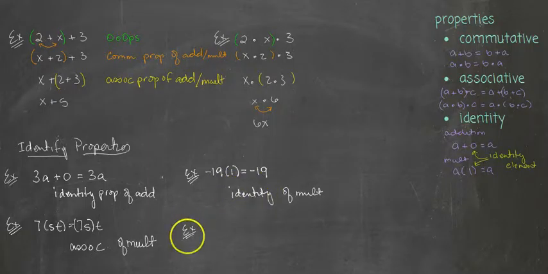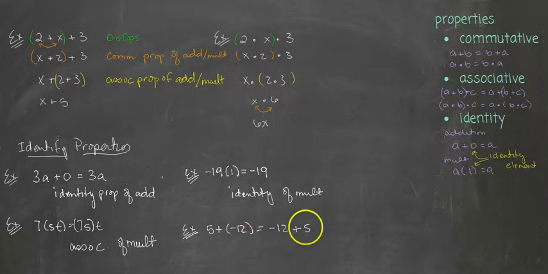Another example. 5 plus negative 12 equals negative 12 plus 5. Okay, so this one's a little bit tricky because it only has 2 values in it, but it also has parentheses. But notice these parentheses are just protecting the negative sign here. They're not actually telling you to multiply or to add 2 things together.